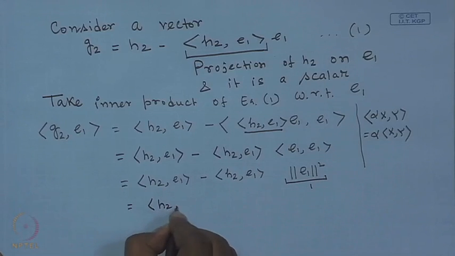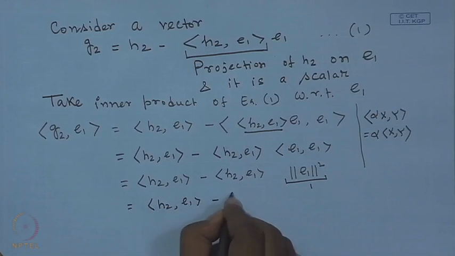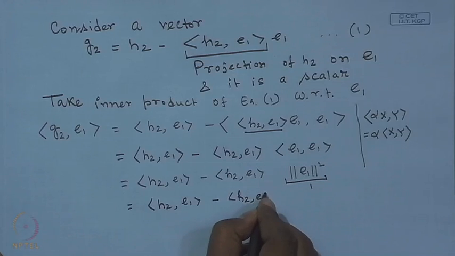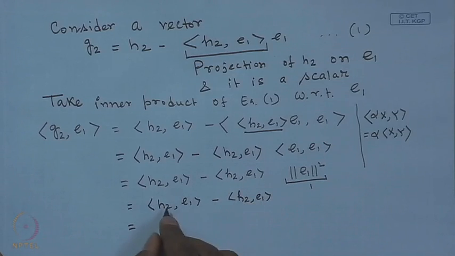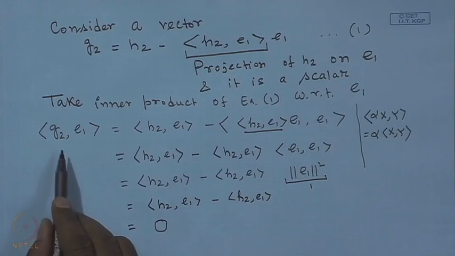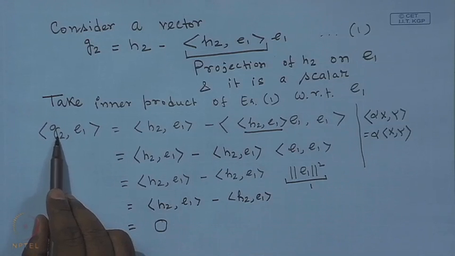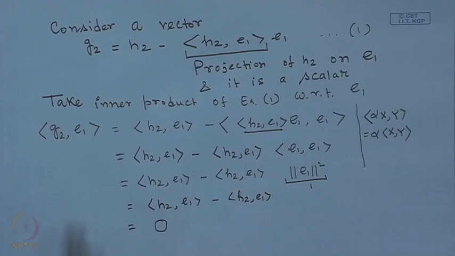This will be inner product of H2 and E1 minus inner product of H2 and E1. So, these two scalars are identical and opposite in sign, so that will be equal to 0. This simply indicates that the inner product of vector G2 and E1 will be equal to 0.